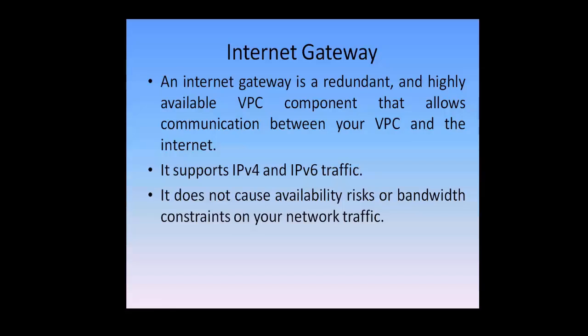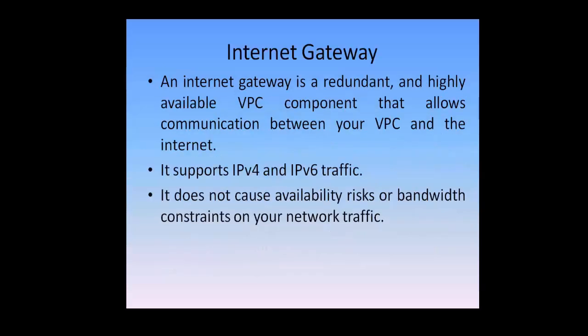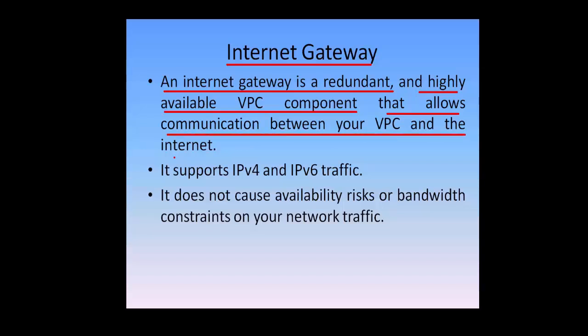One more topic we have to discuss today, and today's last topic, but very important, is the internet gateway. By name it's clear. An internet gateway is a redundant and highly available VPC component that allows communication between your VPC and the internet.